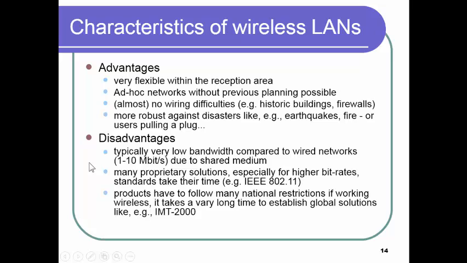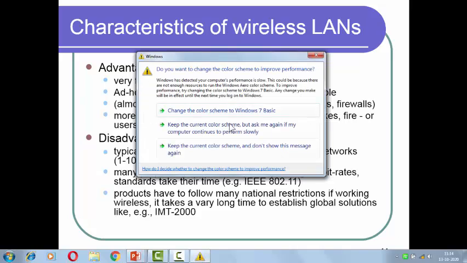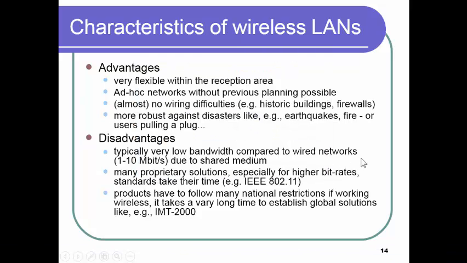Then many proprietary solutions, especially for higher bit rates, standards take their time. So as we discussed the different IEEE standards and series, that is 802.11b, AC, G, H, and then products have to follow many national restrictions.